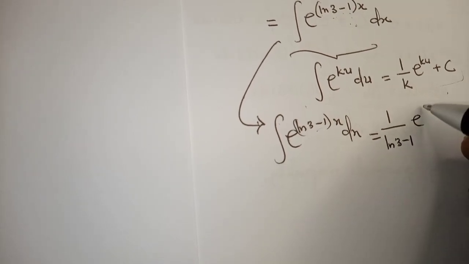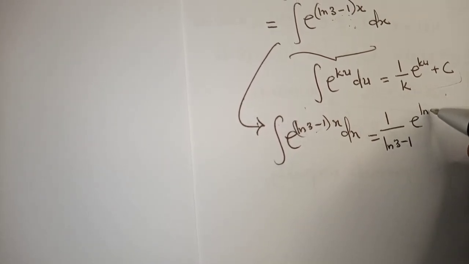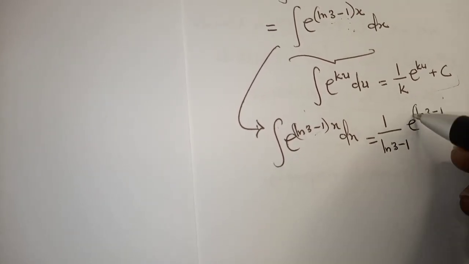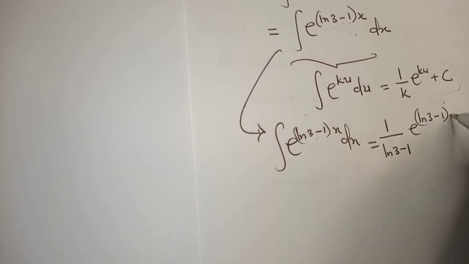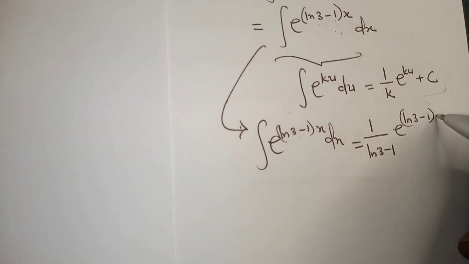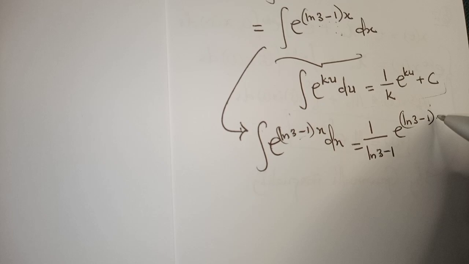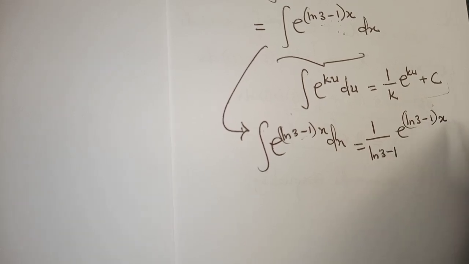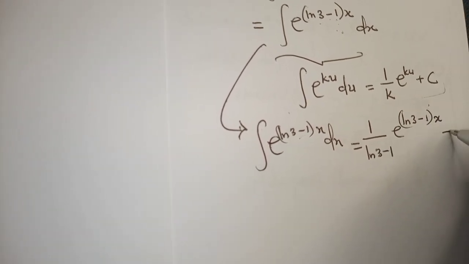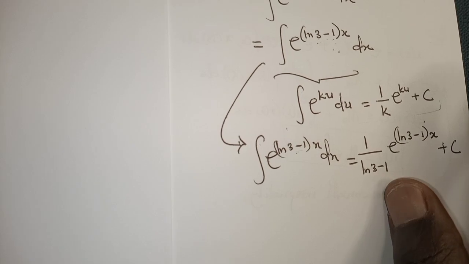So we have e exponent, same thing, ln 3 minus 1, all exponent x, plus the constant c. So you have that.